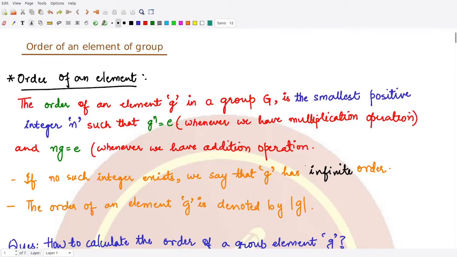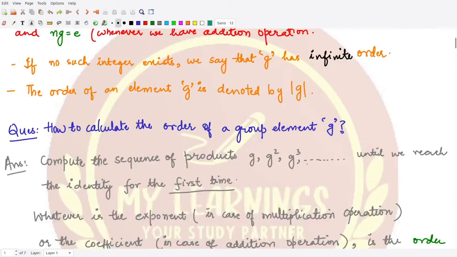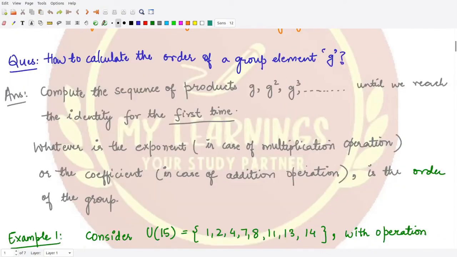Let's see a few examples. But before moving on to examples, let's see the process by which we can calculate the order of a group element. If we are given multiplication as the operation, we calculate the products g, g square, g cube, g power 4 and so on, until at some point, say after calculating g to the power 7, we obtain e as the identity.